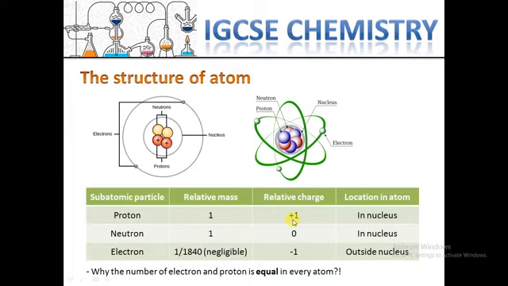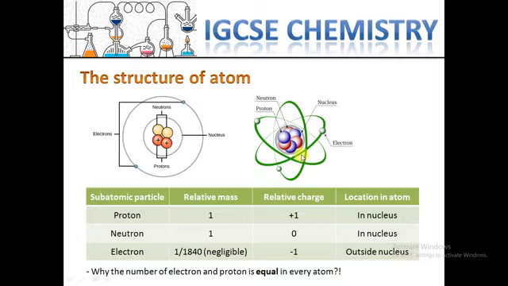For example, the atom of carbon has 6 protons, that means +6, and has -6 electrons, and the sum of protons and electrons results in a neutral atom.